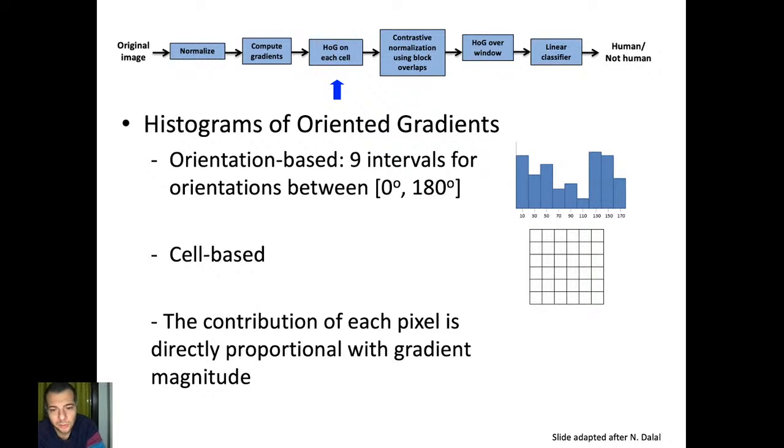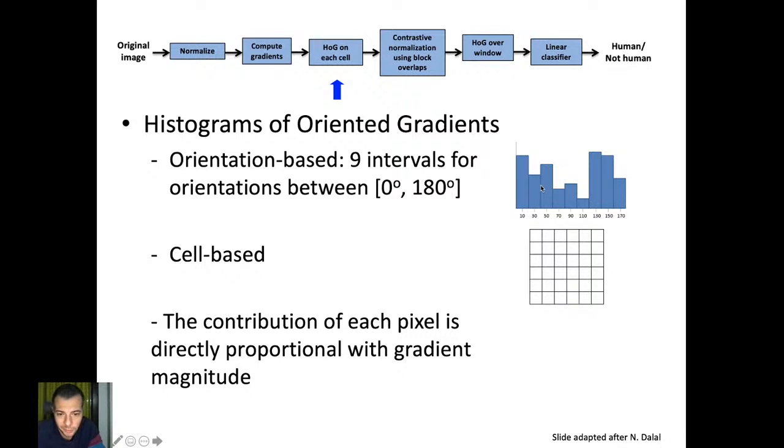The contribution of each pixel is directly proportional to the gradient magnitude. So they contribute proportionally to their magnitude. A gradient that has a higher magnitude will contribute more to its cell.